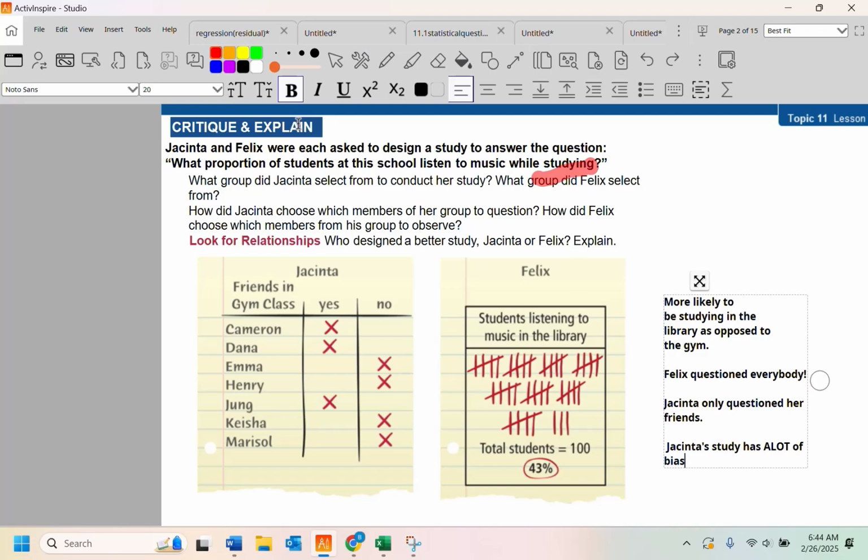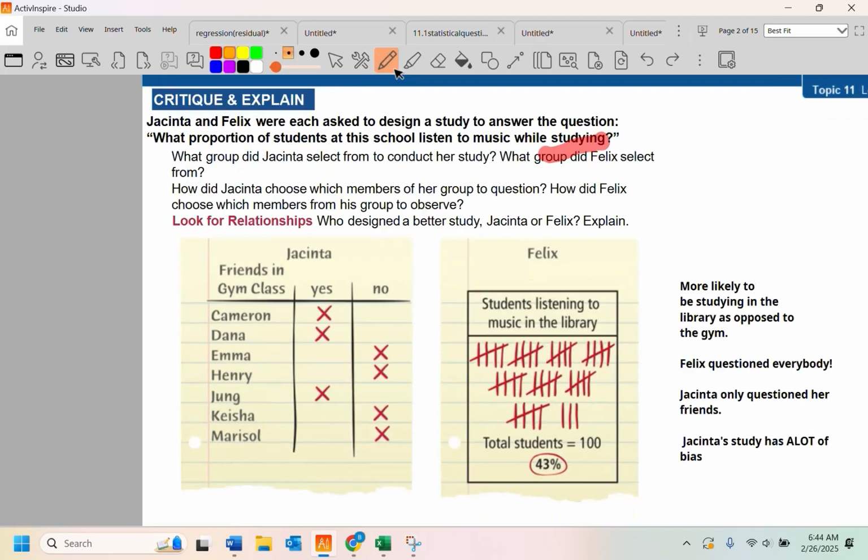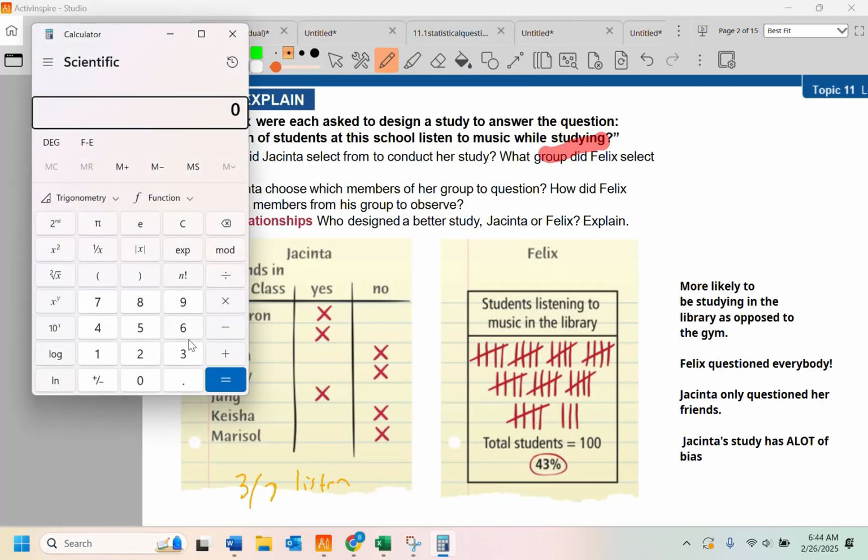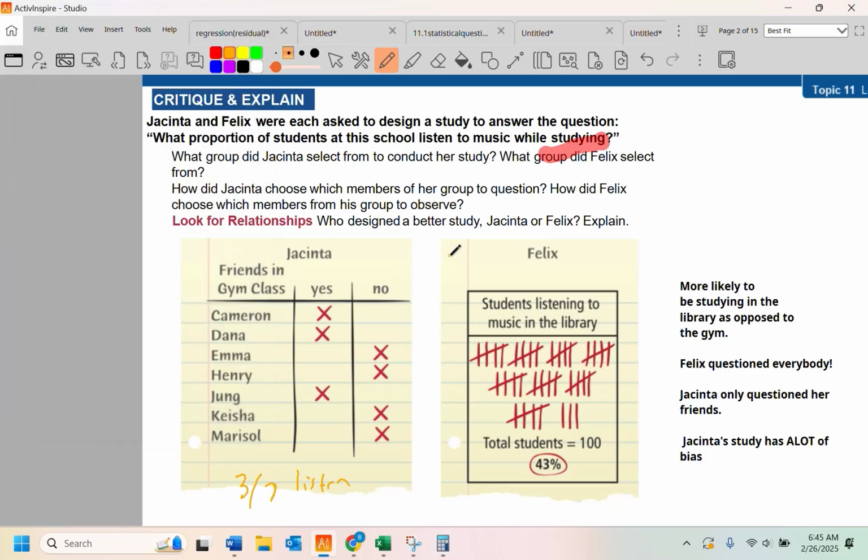So, hers is 3 out of 7 listening to music. What is that as a percent? It's going to be a little higher than Felix. Actually, it's about the same. It's 43%. Huh. I'm really surprised at that. But still, I'm going with Felix.